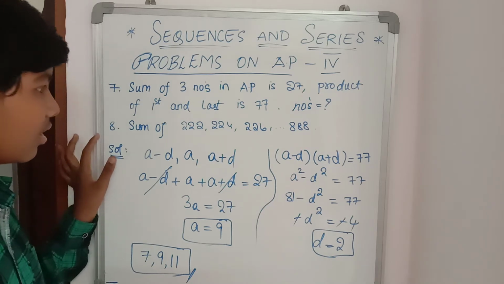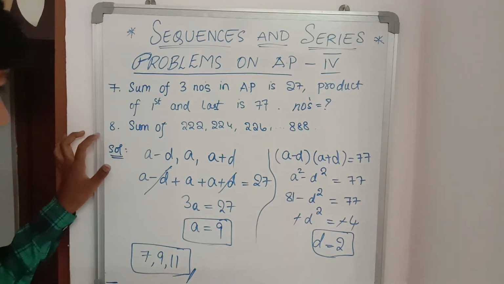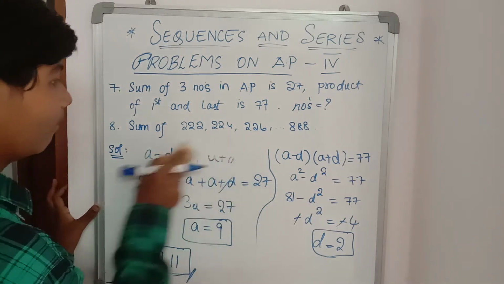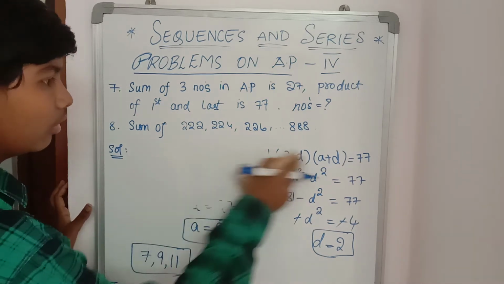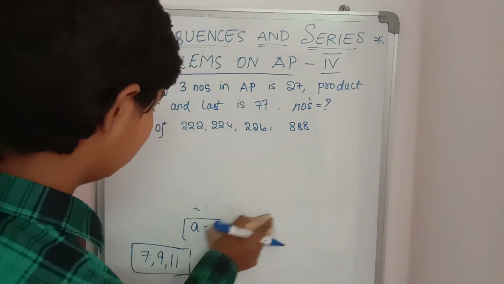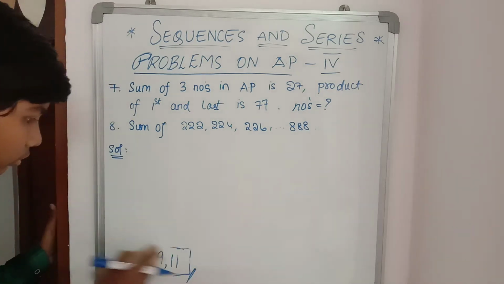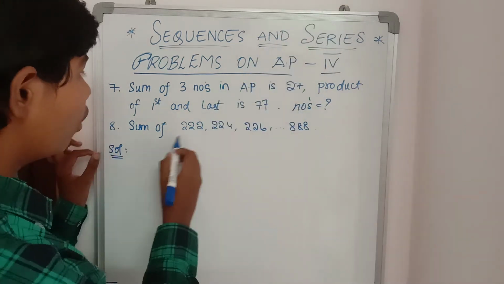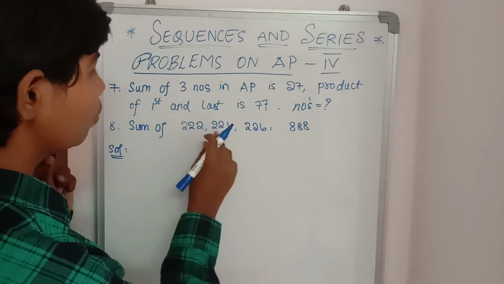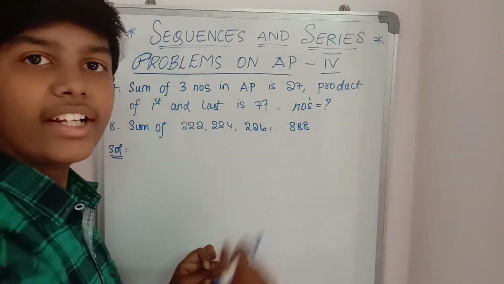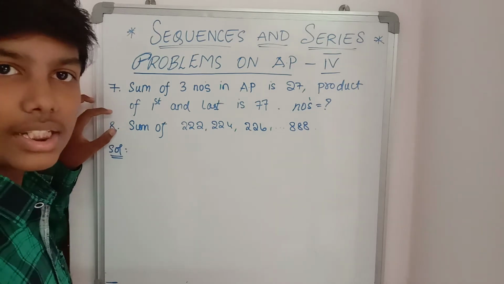Now let us discuss the solution for the 8th one. Given the sum of 222, 224, 226 and so on up to 888, we have to find the sum.